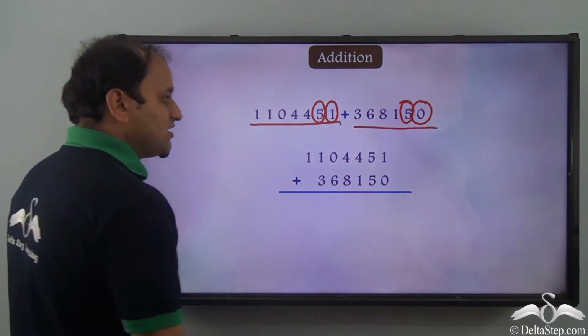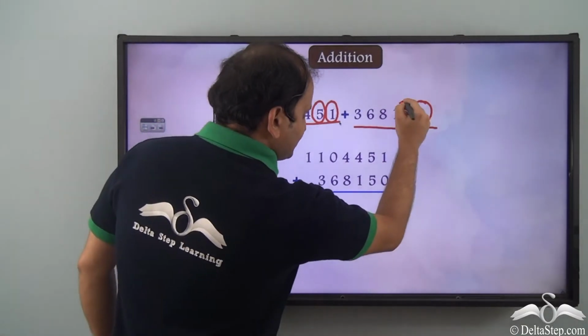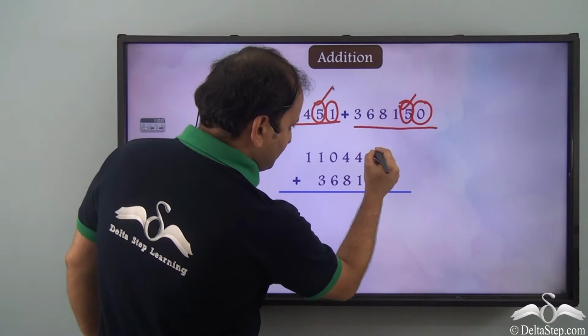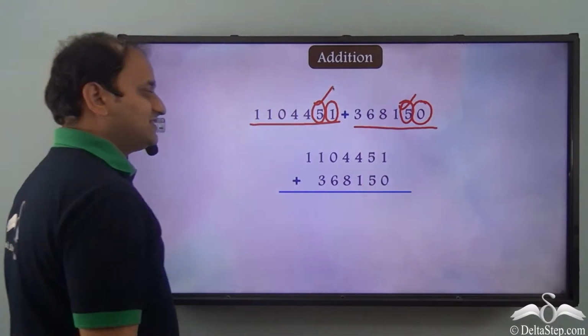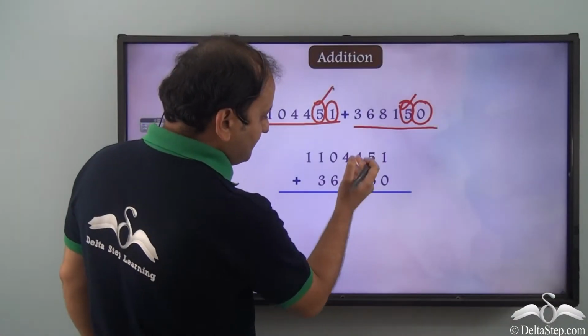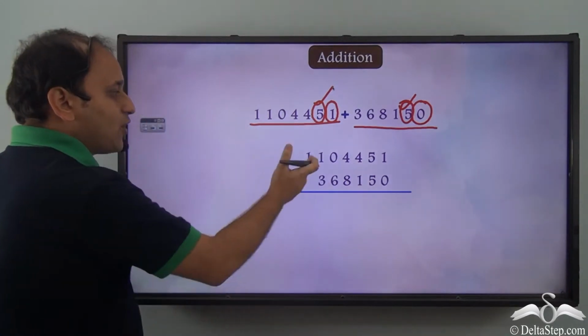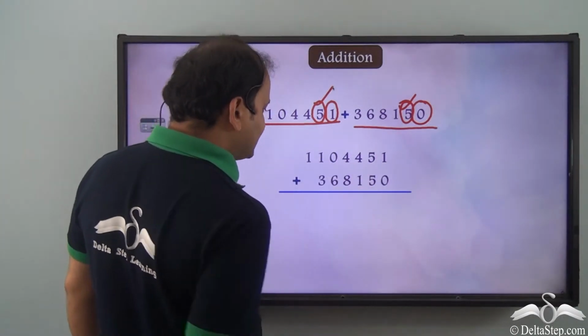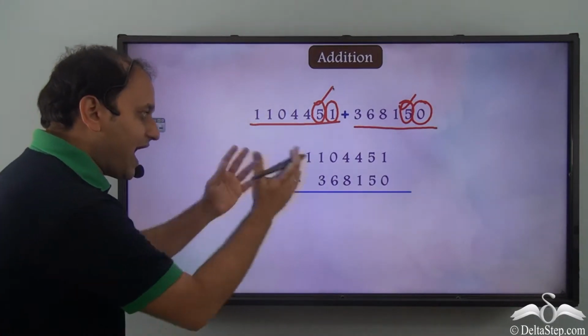So what we do is we place this 5 below this 5. So we have placed it like this. Similarly, we place all the other digits according to their places, and once we have written it like this, then we start adding them.